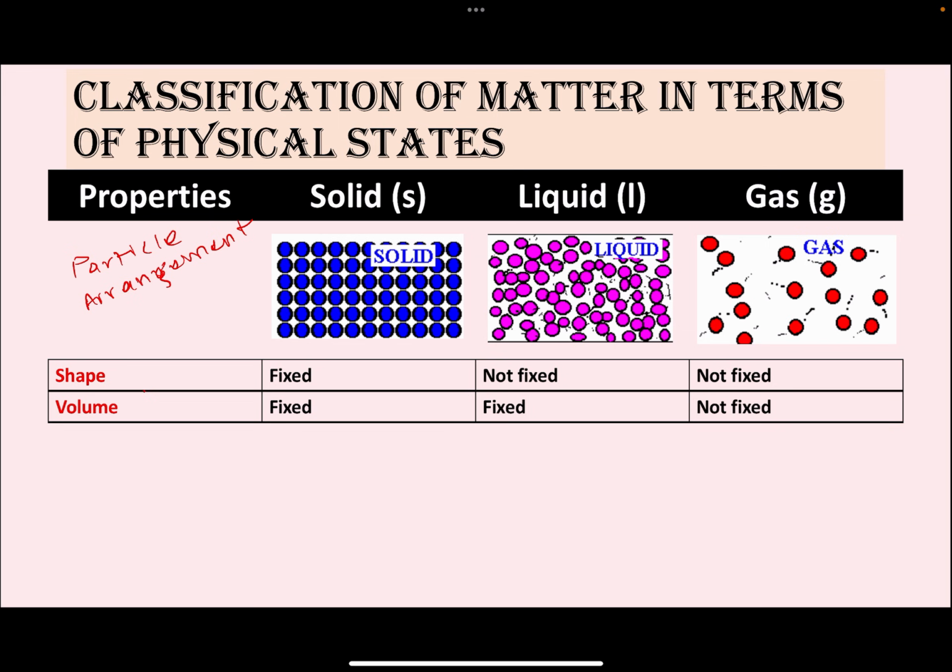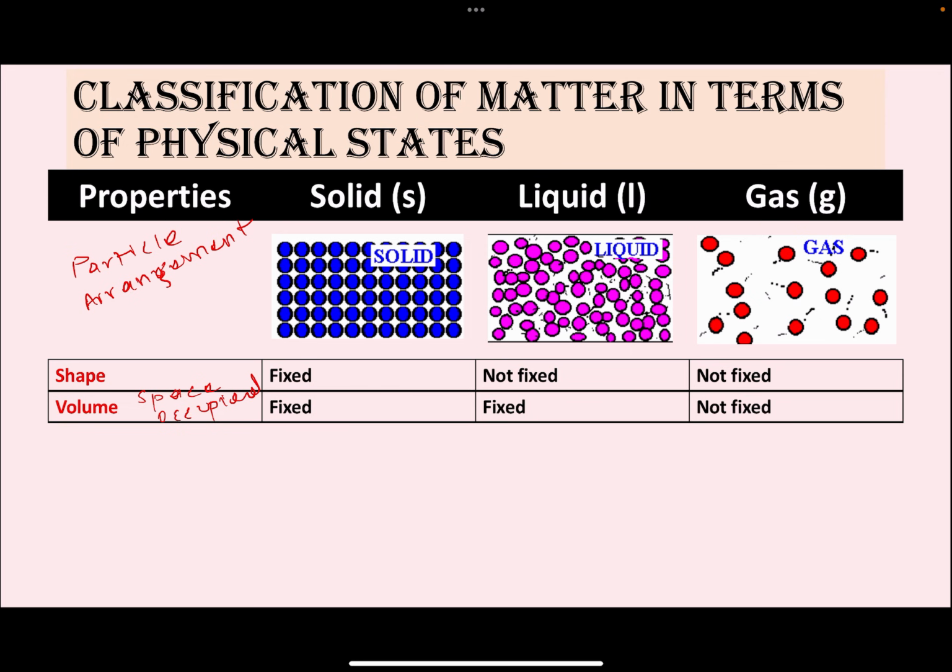So just so everyone remembers, volume means the amount of space occupied by the substance. In case of your liquids, the particles do have a fixed volume, because if you know that you have 5 milliliters of water, you know how much space that water is occupying, right? However, in case of gases, there is no fixed volume because there's so much space between the particles that it's very hard to say.